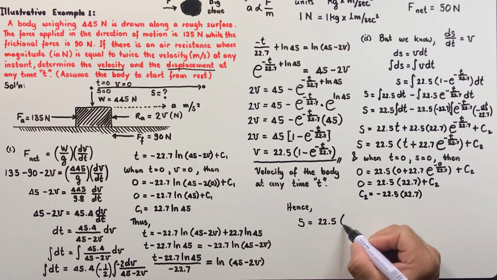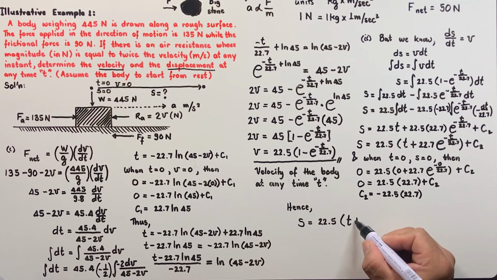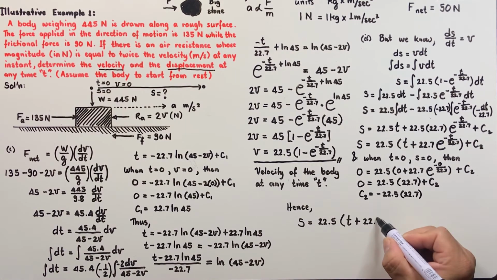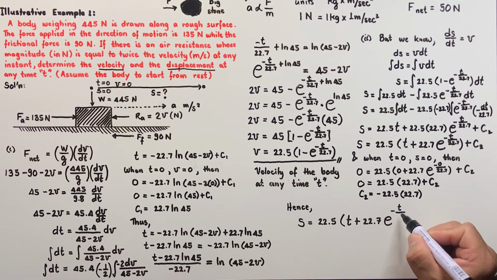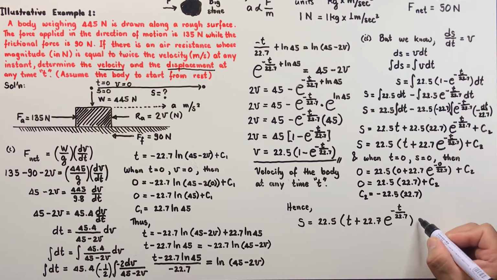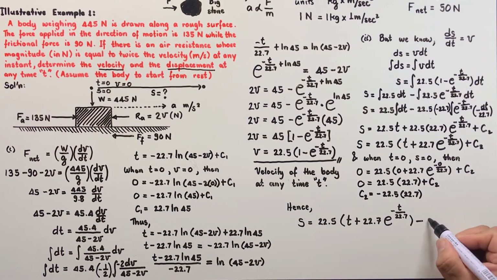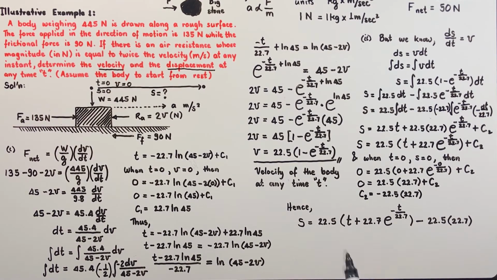Hence, our formula for displacement, s, is equal to 22.5 times t plus 22.7 times e to the power of negative t over 22.7 plus the constant of integration, which is negative 22.5 times 22.7. And again, we can factor out the common factor here, which is 22.5.